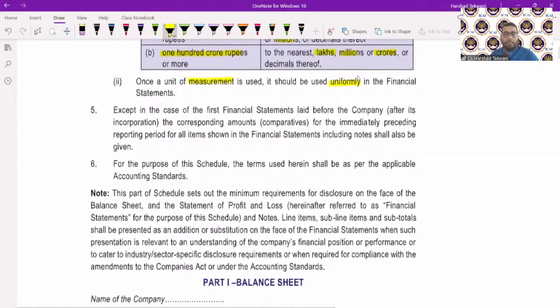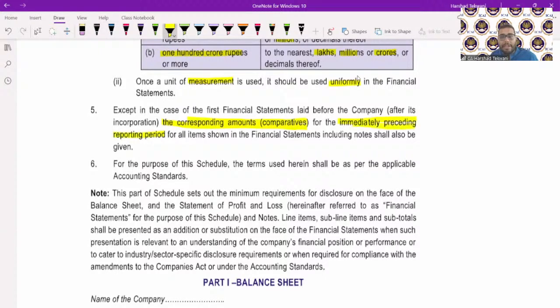Then it provides what should be the comparative item over here. Except for the first financial statement, because in the first financial statement you won't have a comparative, the corresponding amounts, the comparatives, should be for the immediately preceding reporting period.